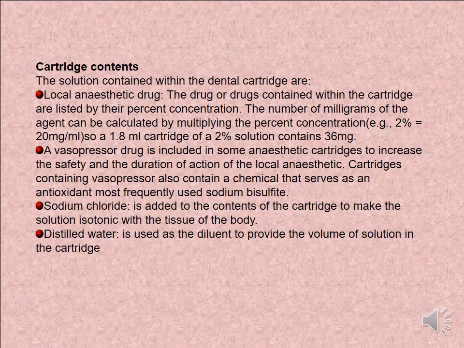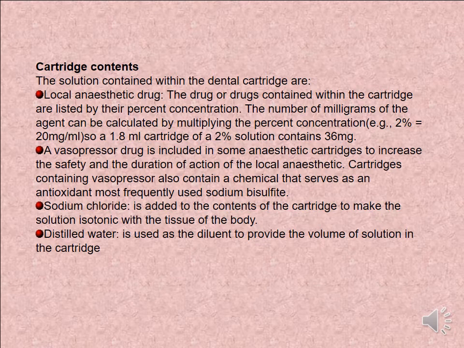So the 1.8 mL cartridge of 2% solution contains 36 milligrams. This is the local anesthetic drug, and its type must be written on the glass of the cartridge.